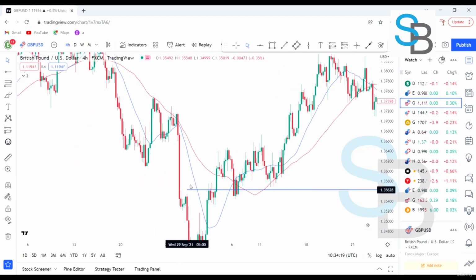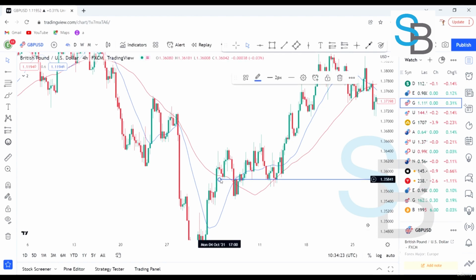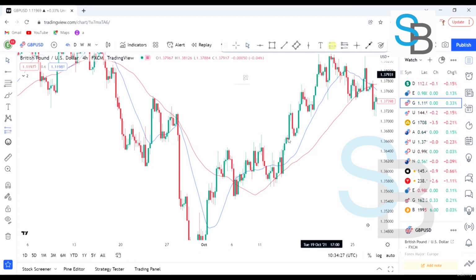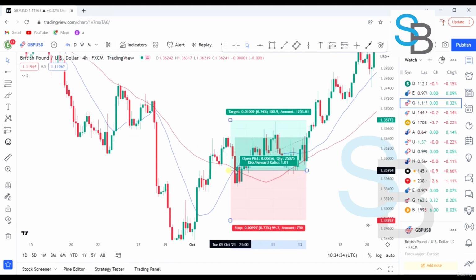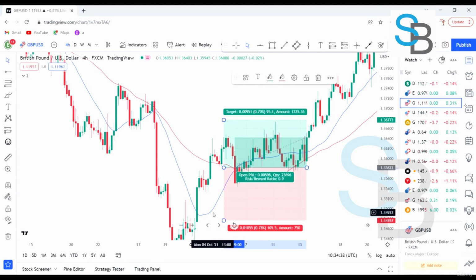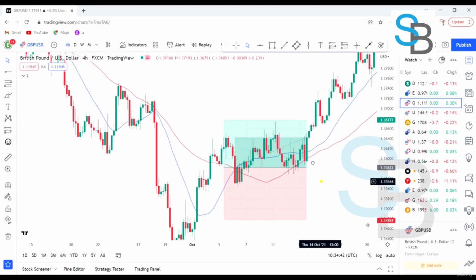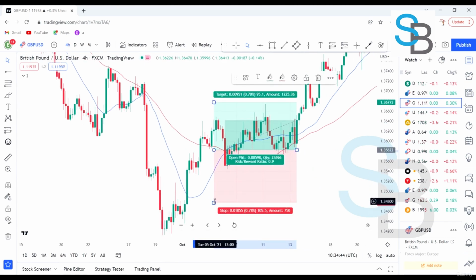For example, for a buy trade, we might want to enter a buy trade at this point when the smaller moving average crosses above the larger period moving average.